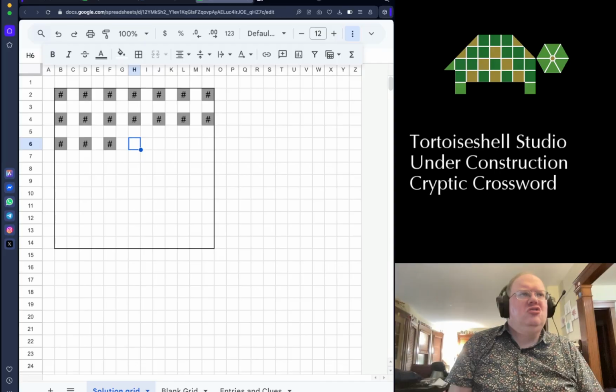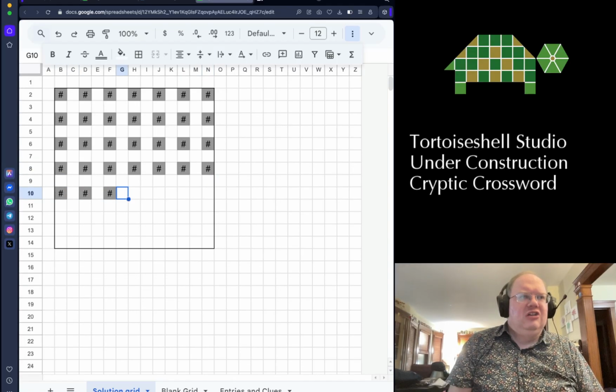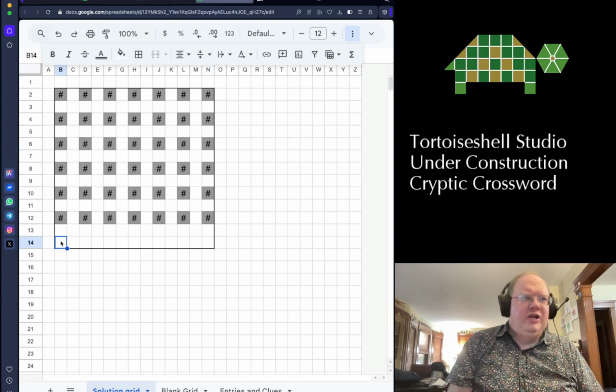So I think that usually you have an offset sort of grid like this, so that the first across entry and the first down entry are not starting in the same square. And if I remember correctly, there are only a small number of grids that are actually accommodating.